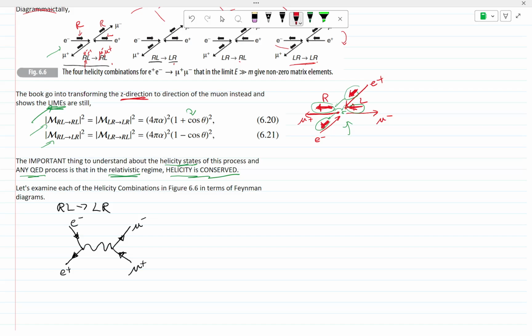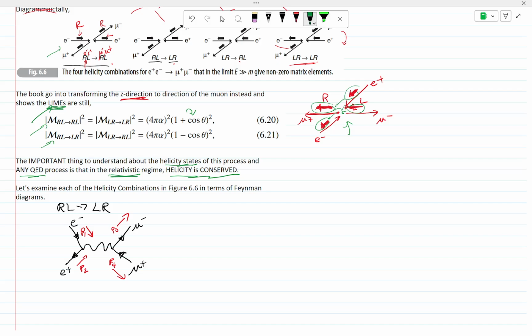What I'm going to add on top of this are the momentum directions. This is called P1, drawn in this direction. This is P2, drawn in this direction. They're both coming into the vertex. P3 is leaving the vertex, and P4 is leaving the vertex.